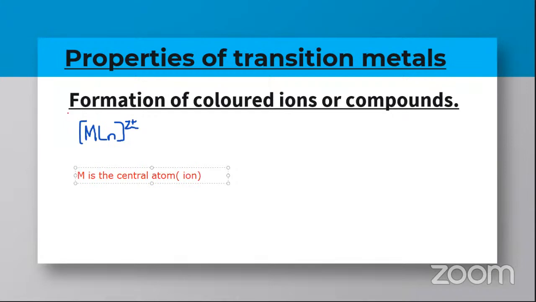At times we can call it an ion. Then L is the nature of the ligand. We shall look at these things separately. A ligand is, we can say, anything attached to the central atom, but we shall look at it.